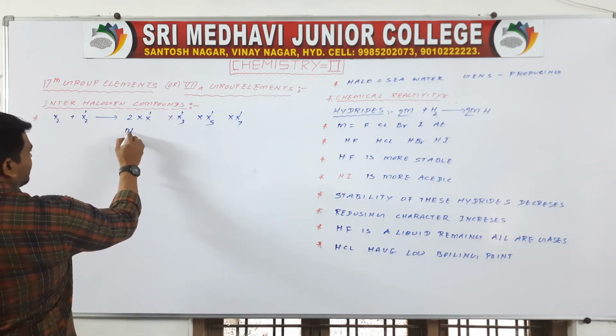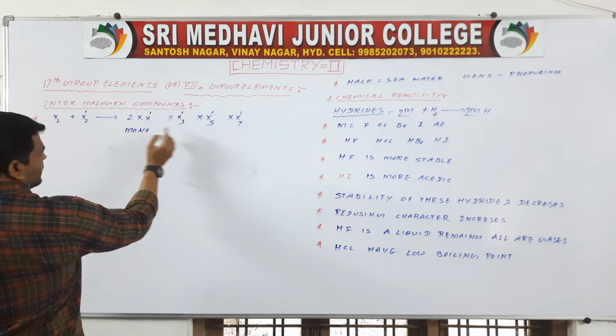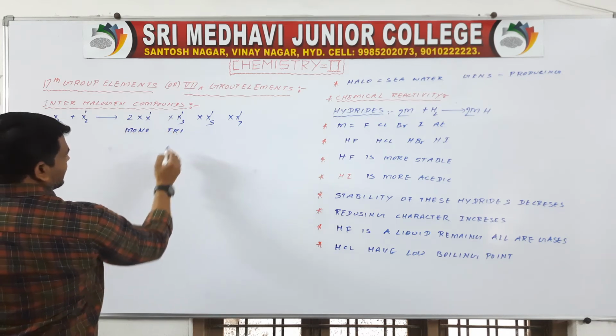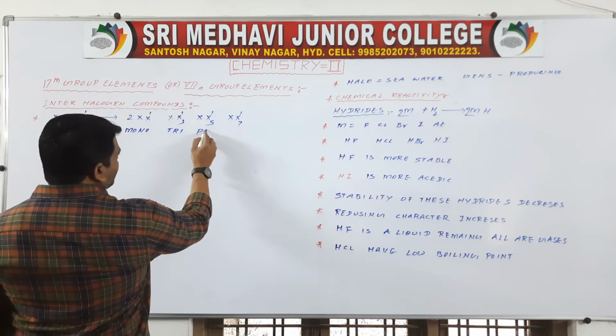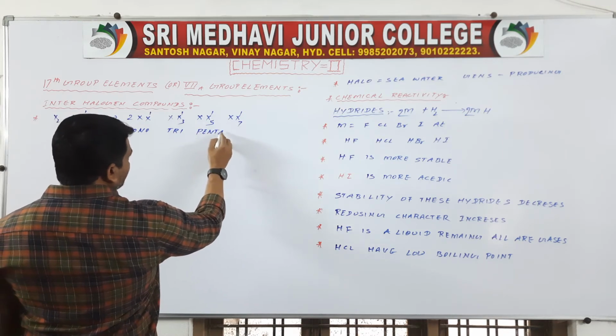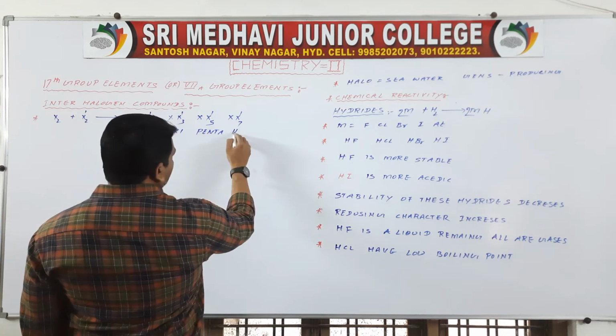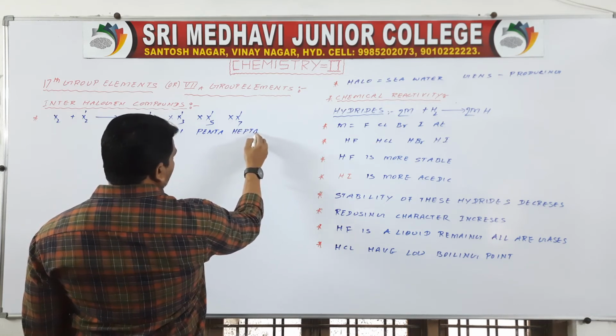This is called mono interhalogen. It is a tri interhalogen, a penta interhalogen, a hepta interhalogen.